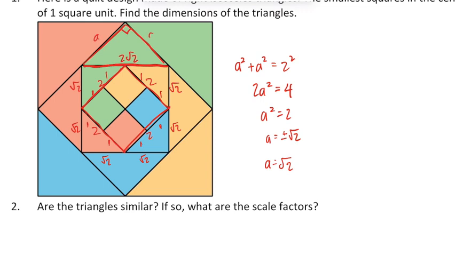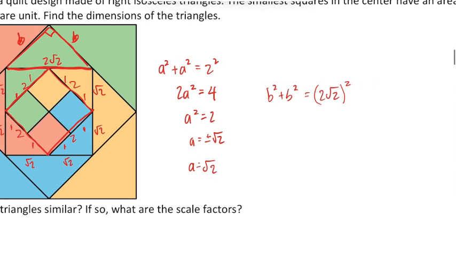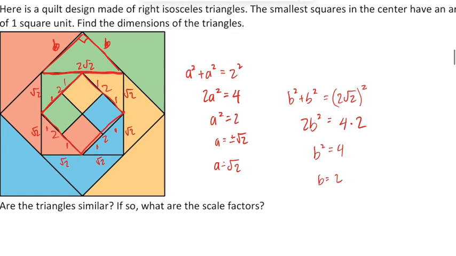So let's call this A and A. Or let's use a different letter, B and B. So B squared plus B squared equals 2 root 2 squared. Right? Pythagorean theorem again. 2b squared is equal to 4 times 2. So b squared is 4, b is going to be 2. So that means that all of these sides are 2, 2, 2, 2, 2, 2, 2, 2.